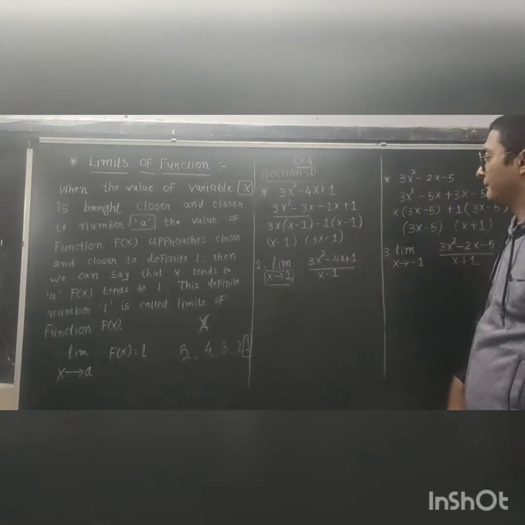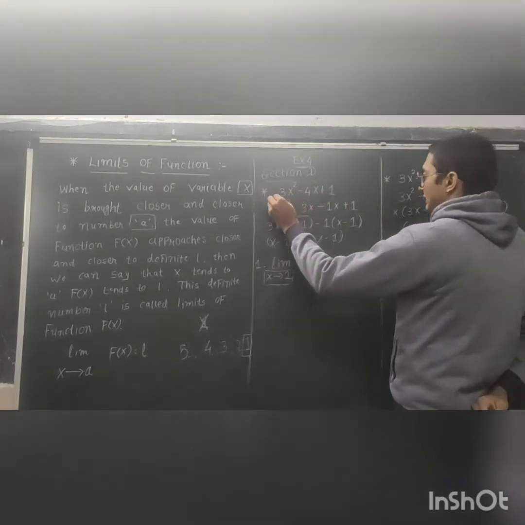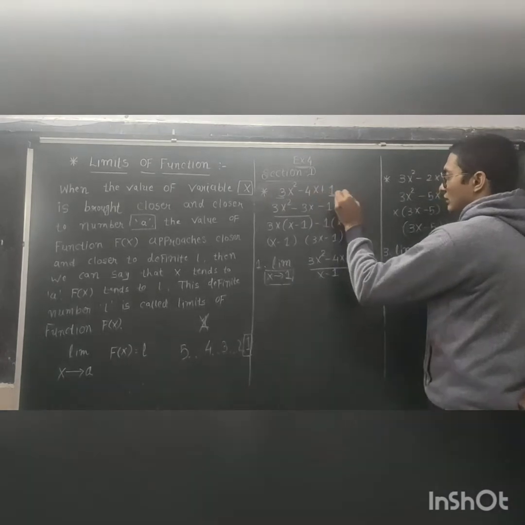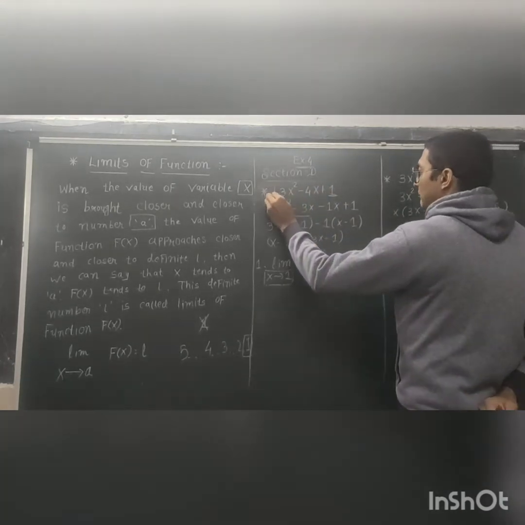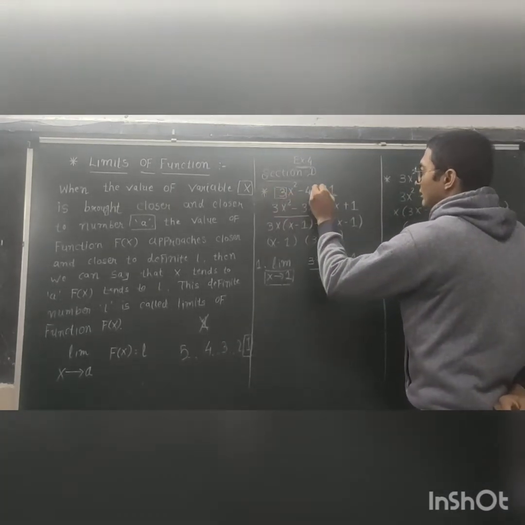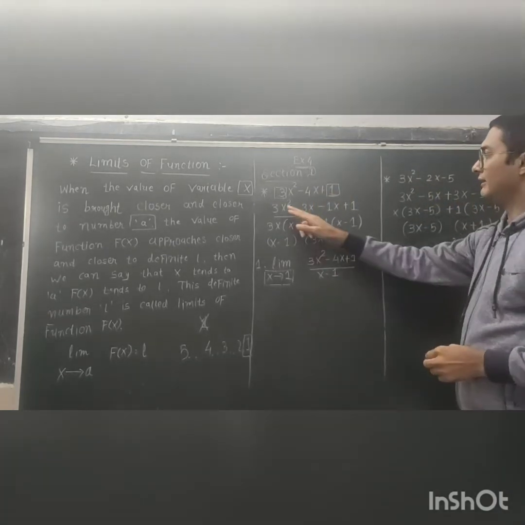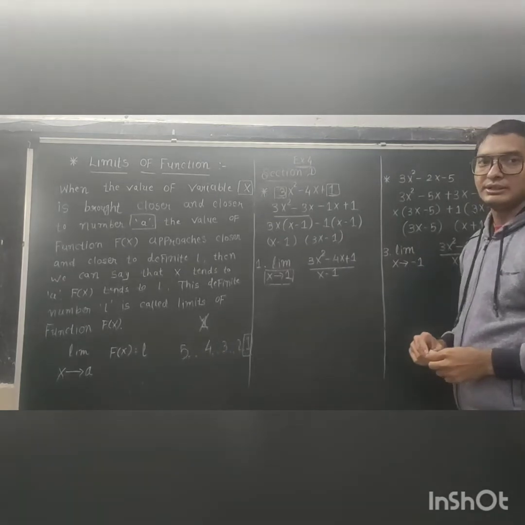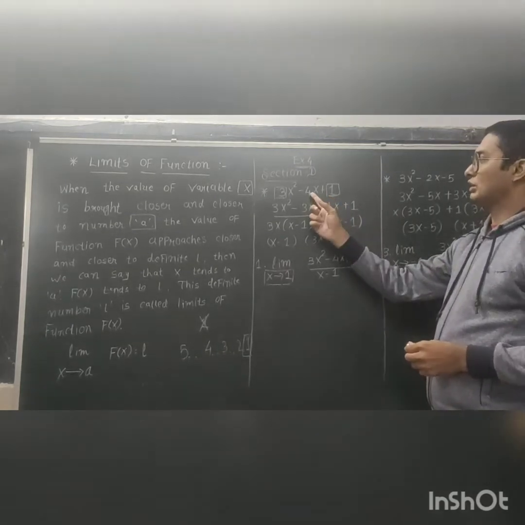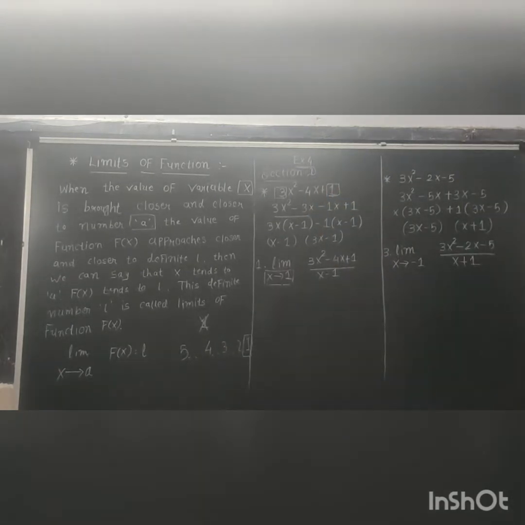You can see here it is 3 and here it is 1. Multiply these two values: 3 times 1 is 3. And the total of this becomes 4.